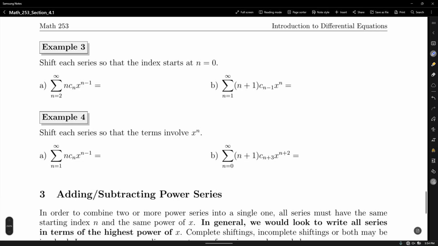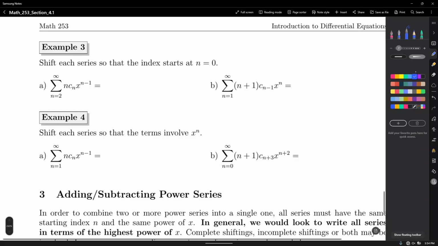As examples here, shift each of the series so that the starting index is n equals 0. The starting index here is n equals 2. So if we wanted to turn that n equals 2 into n equals 0, we would need to subtract 2 units, right? However, if we subtract 2 units from the starting index, we would need to add 2 units to every instance of n inside the series.